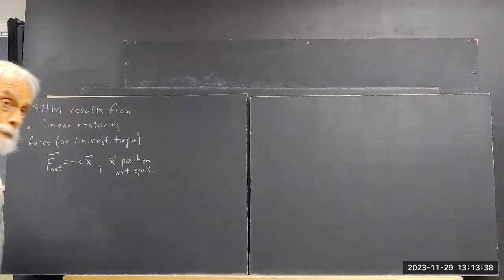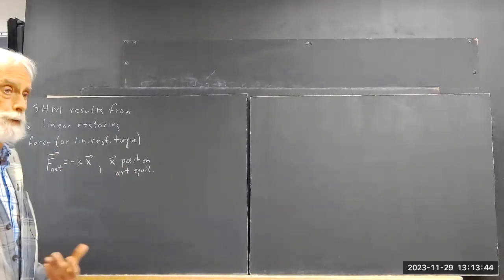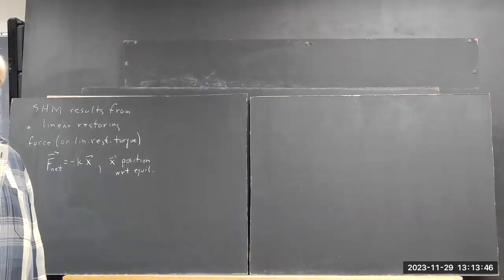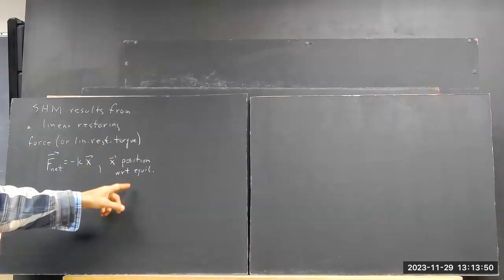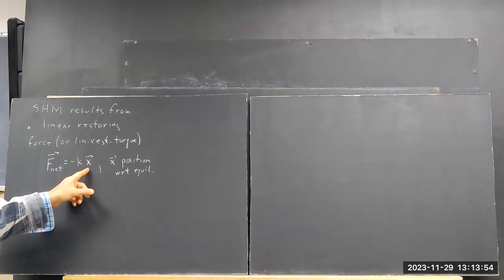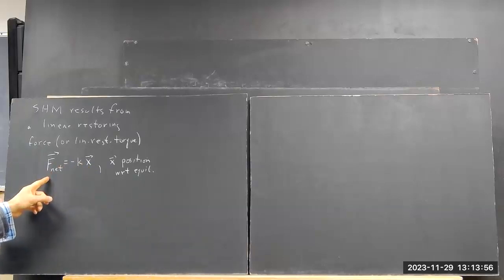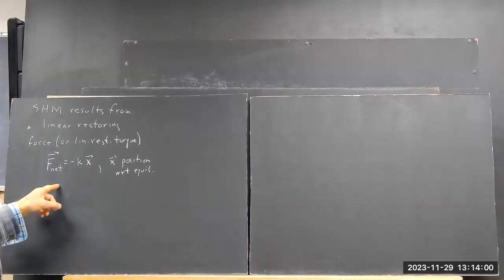What's equilibrium? If you remember from previous chapters, equilibrium is a point where you have zero net force. If x is measured with respect to the equilibrium point, then x is equal to zero at equilibrium, and that's when you have zero force. So x equals zero has to be the equilibrium position if this law holds.